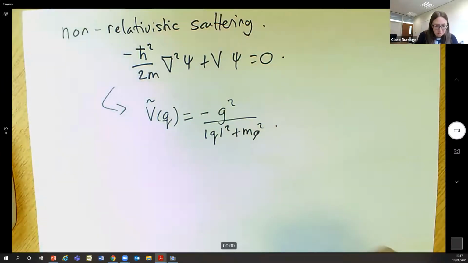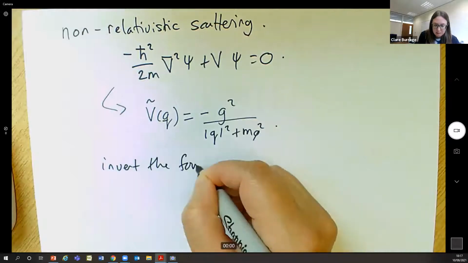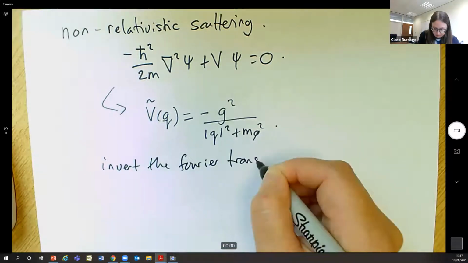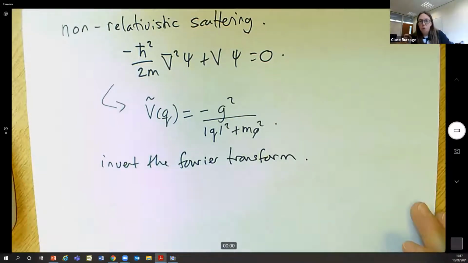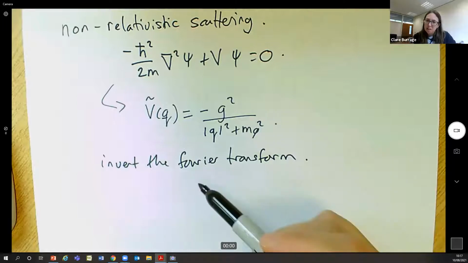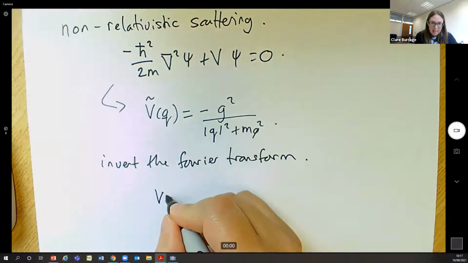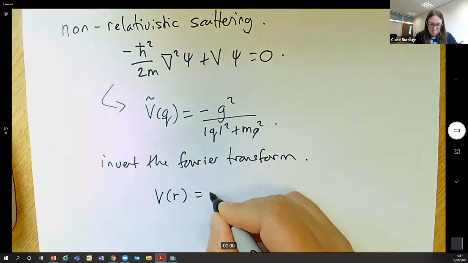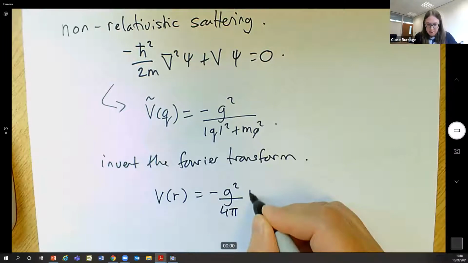So we can invert this, which you can do by integrating over Q, closing your contour in the complex plane. And what we get at the end of the day is a real space potential, which looks like this.